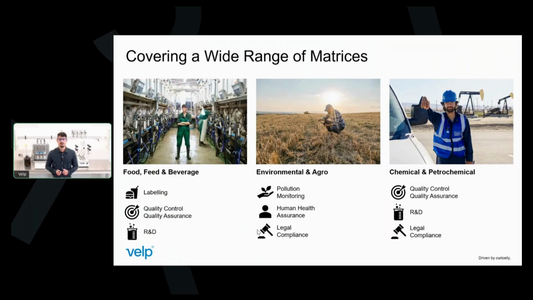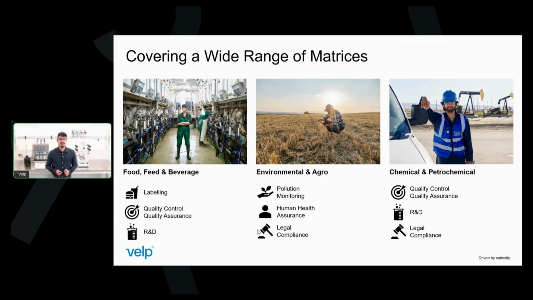On the other side, the environmental and agricultural field is also very important when we talk about solvent extraction, for example, for monitoring pollution and protecting human health. In this case, the extraction of oil and grease in water and wastewater is important, as well as the extraction of pollutants such as PCBs, PAHs, pesticides, dioxins, and so on for samples like soil and sediments.